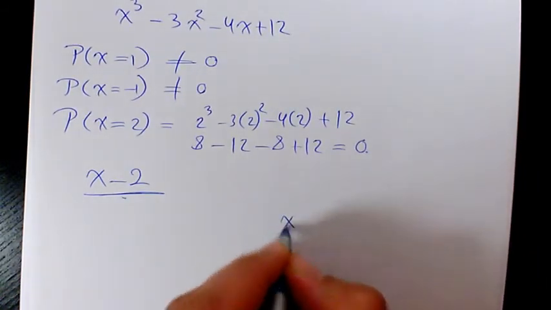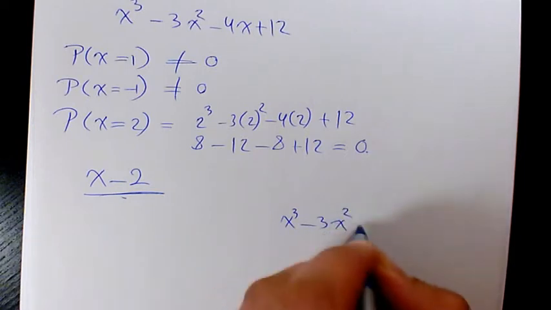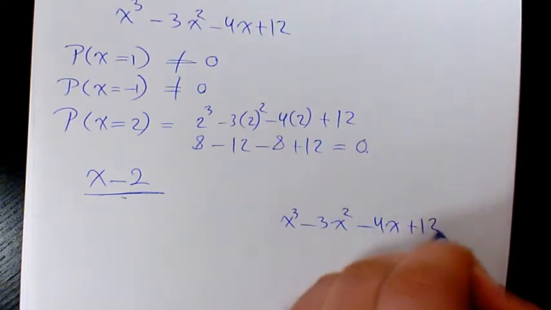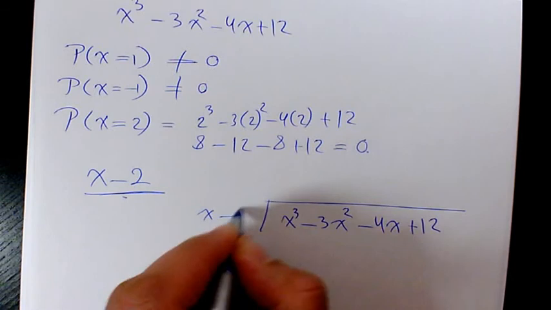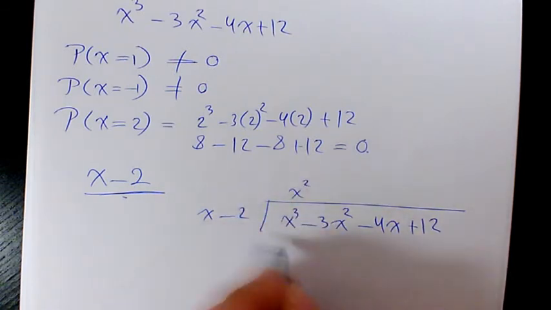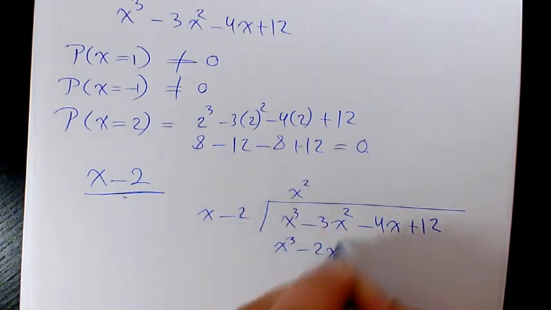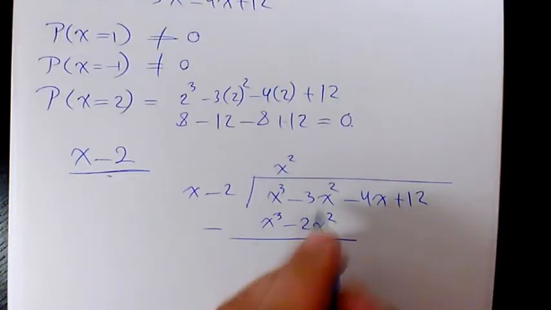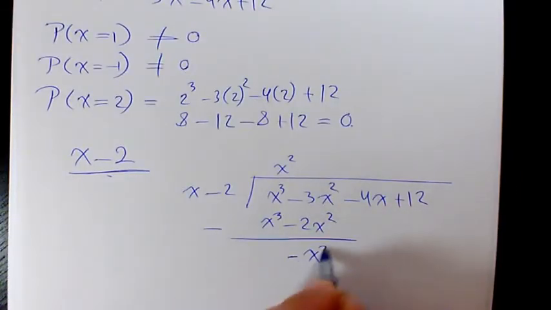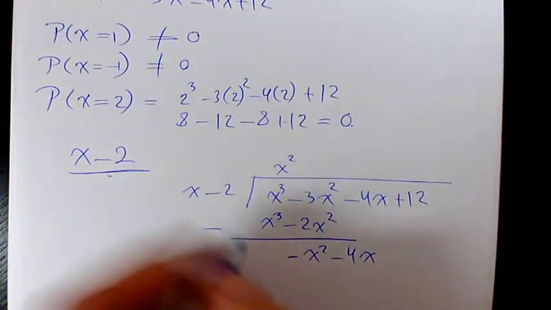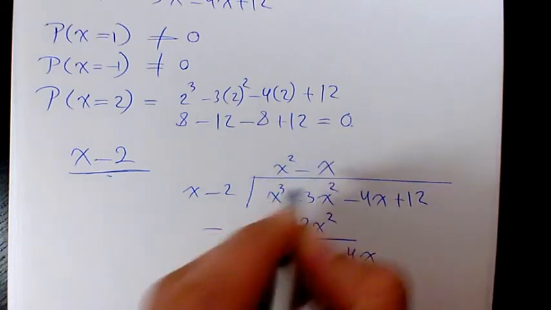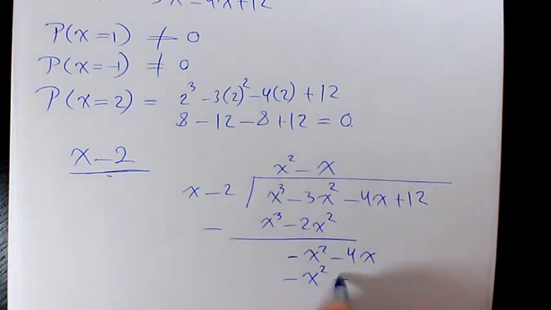So x cubed minus 3x squared minus 4x plus 12 divided by x minus 2, start with x squared. When you multiply, x cubed minus 2x squared, you subtract it. Then here you have negative x squared minus 4x. Negative x squared divided by x is negative x. Negative x squared plus 2x.